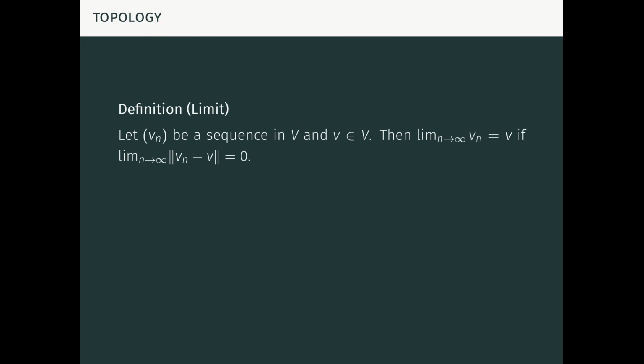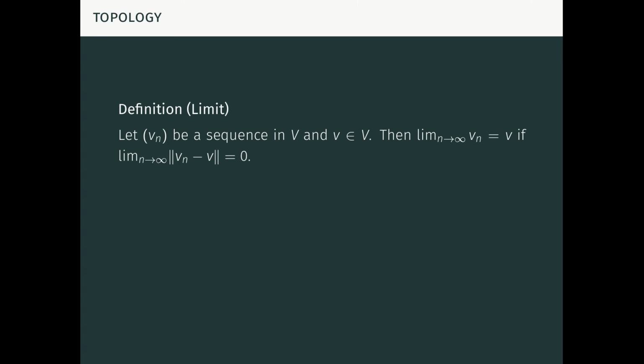So here's how we can define limit. Let v_n be a sequence in V and let little v be a fixed vector in V. Then the limit as n goes to infinity of v_n is equal to v by definition if the limit as n goes to infinity of the norm of v_n minus v is equal to 0. Recall that the norm of v_n minus v is the distance between v_n and v.